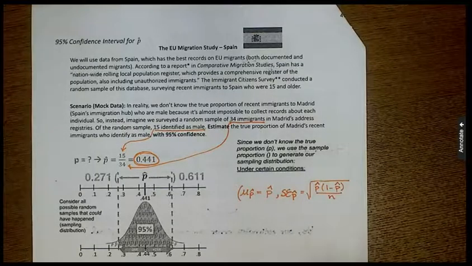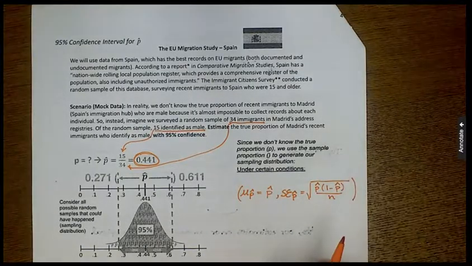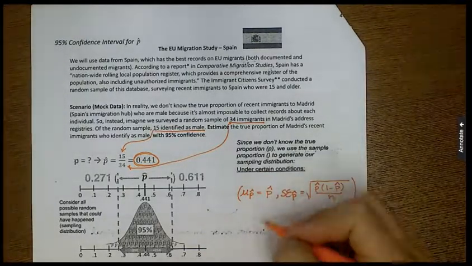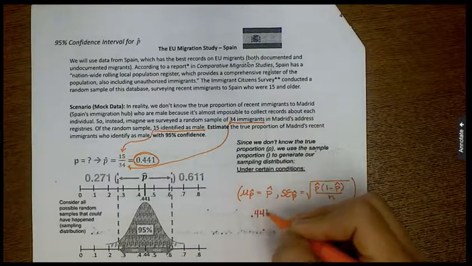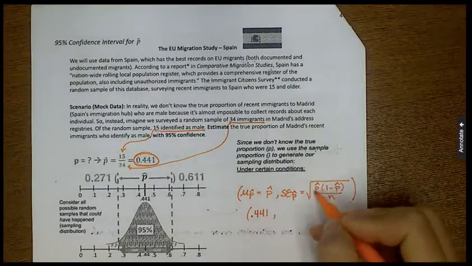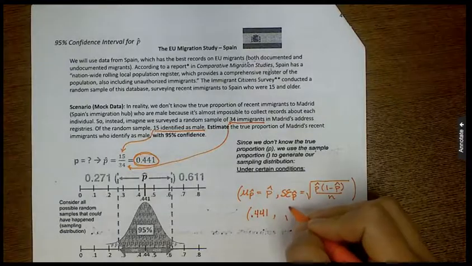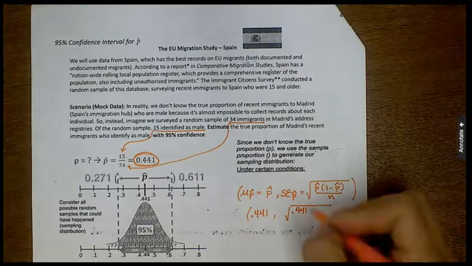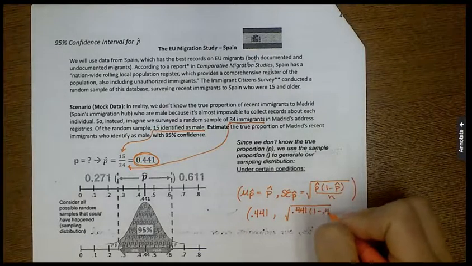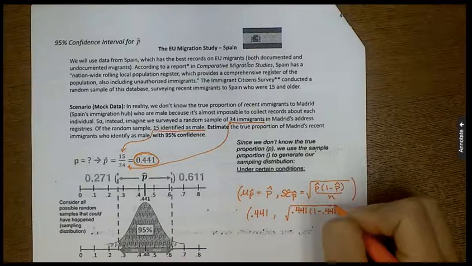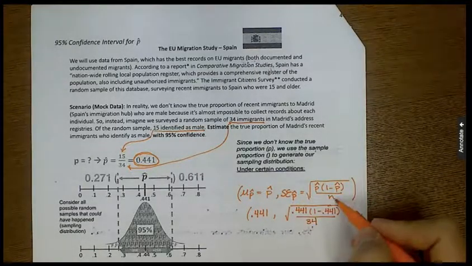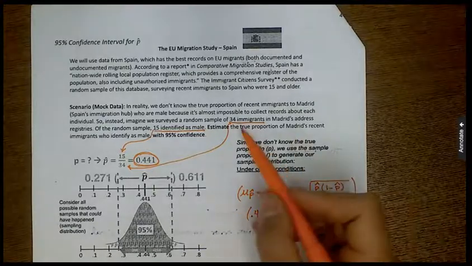If I start plugging in things here, p hat was 0.441. When I plug into this, I get the square root of 0.441 times 1 minus 0.441, divided by 34, because n is the number of people that I sampled, and my n value was 34.